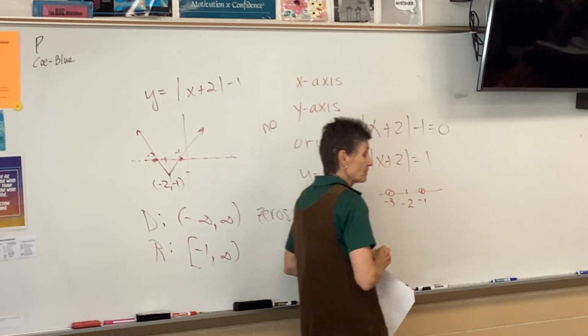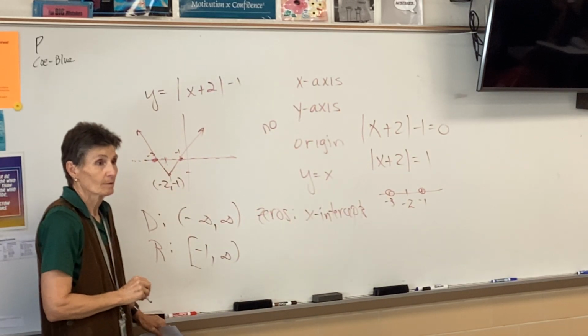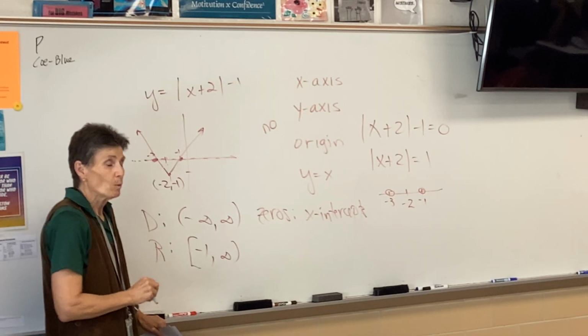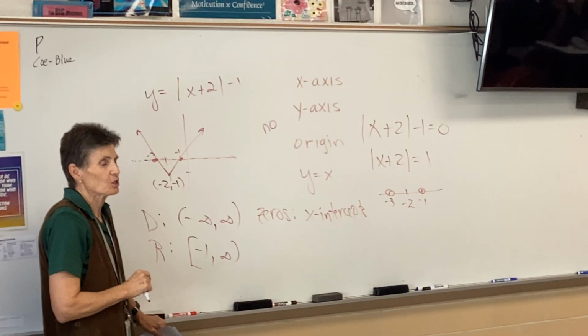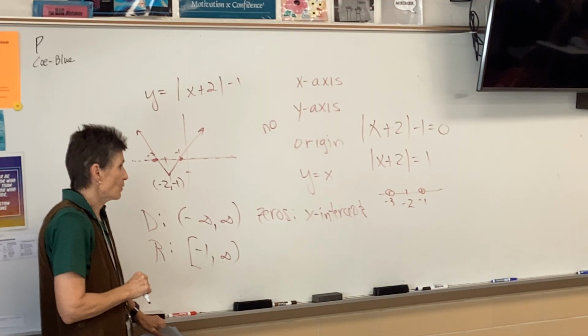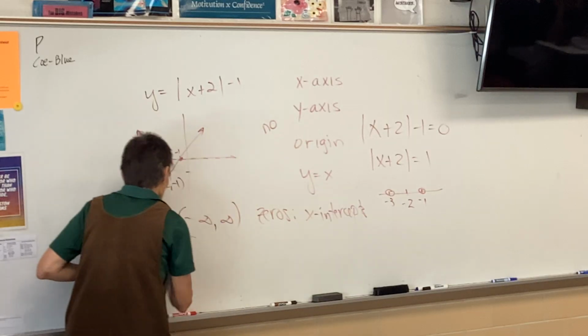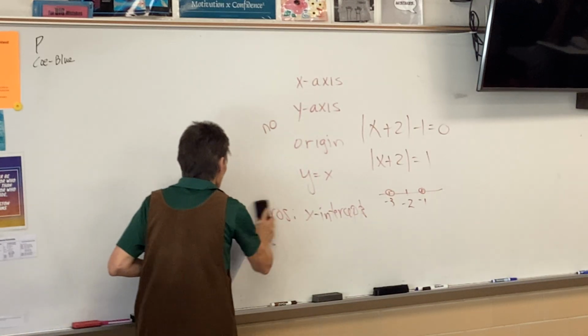There they are: negative 3 and negative 1. With these simple pictures, you can often just eyeball and check if you don't know what you're doing. Okay, now we're going to rinse and repeat with a new shape.